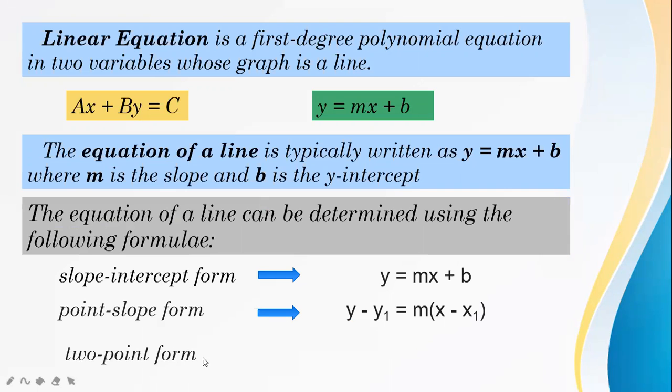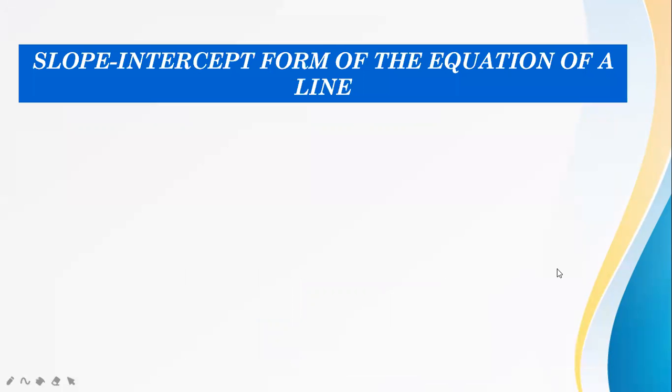And the two-point form, we have y minus y sub 1 equals y sub 2 minus y sub 1 divided by x sub 2 minus x sub 1, then multiplied by the quantity x minus x sub 1.